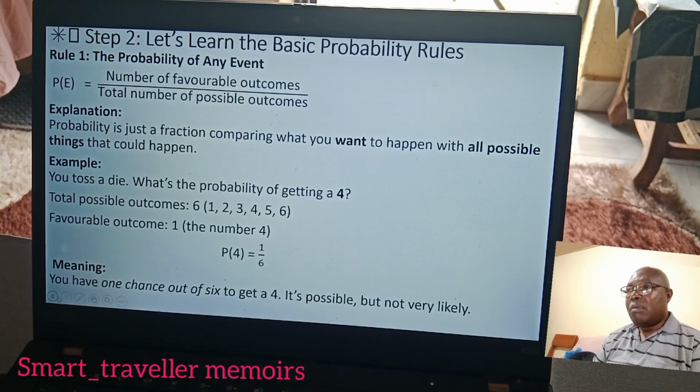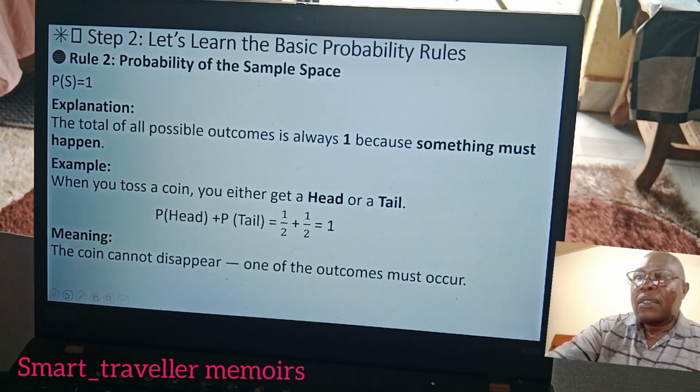Favorable outcome is 1, the number 4. So the probability of getting 4 is 1 out of 6 because we have only one 4. Meaning you have 1 chance out of 6 to get a 4. It's possible, but not very likely.